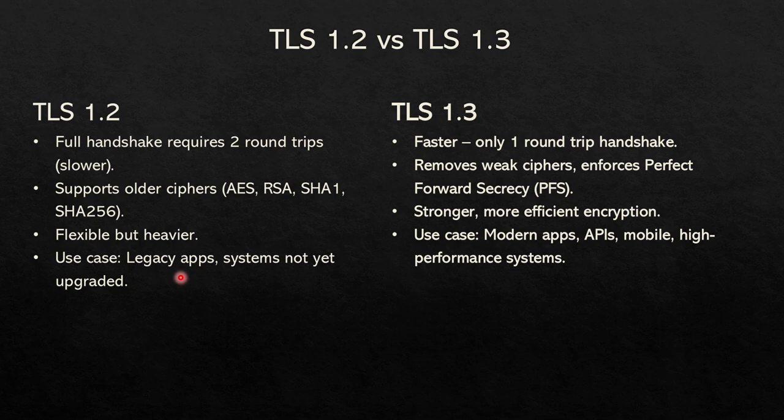All the weak ciphers are now removed, and it also introduces a new concept called perfect forward secrecy. It is a very interesting and helpful concept, where what it basically confirms is each communication session uses a unique encryption key. So even if a hacker gets hold of your private key, he or she cannot decrypt past or future sessions.